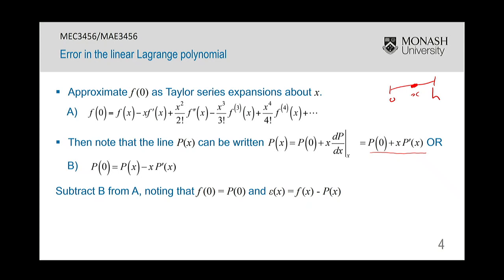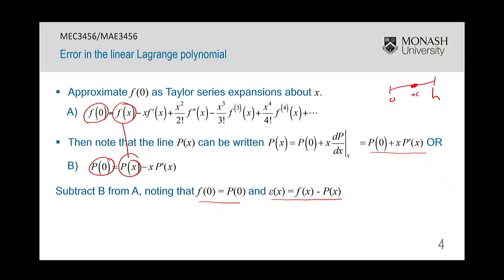If we subtract B from A, we're going to subtract p of 0 from f of 0, and we note that p of 0 and f of 0 are the same, because the polynomial passes through f of 0. We also note that f of x minus p of x is actually equal to our definition of the error, epsilon of x.